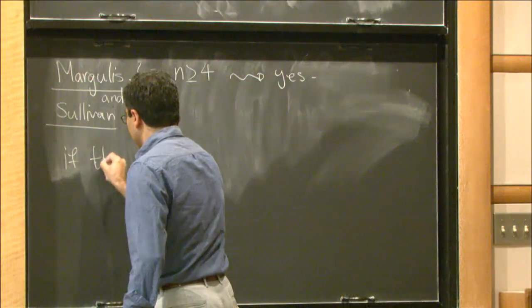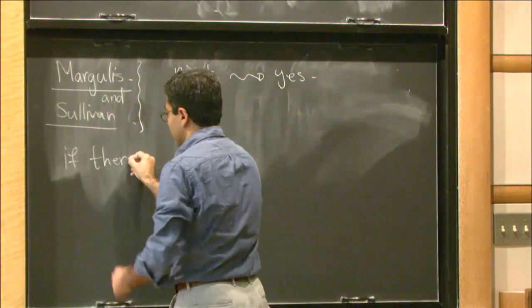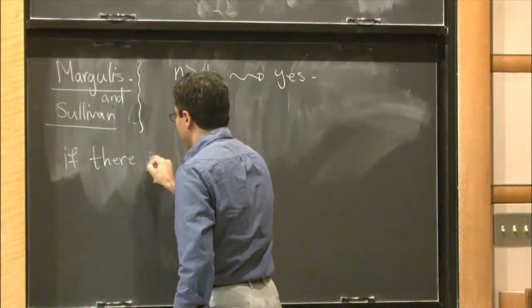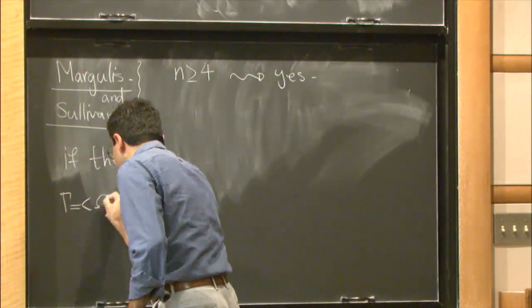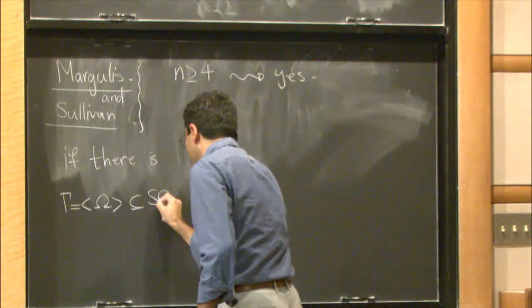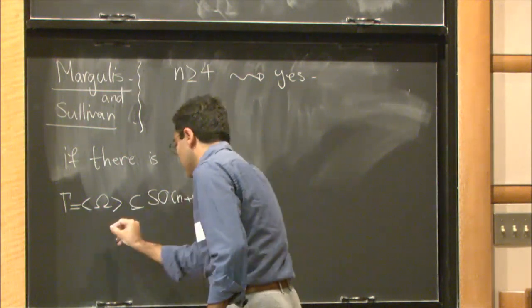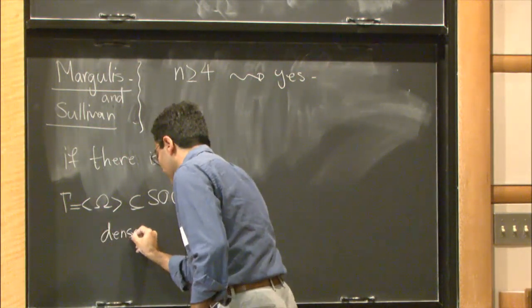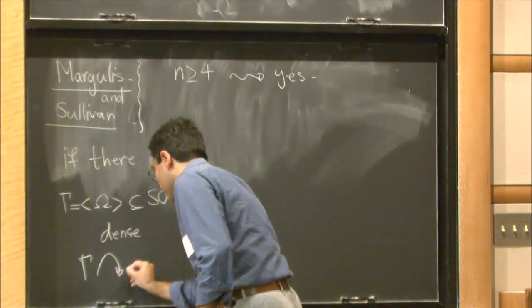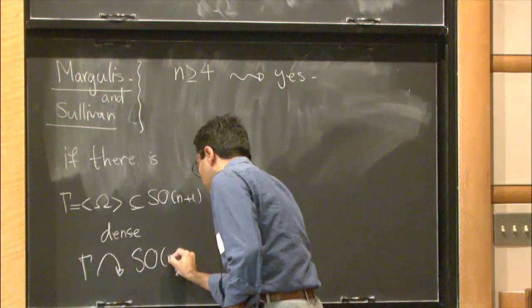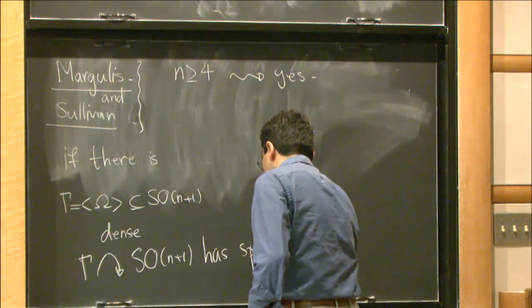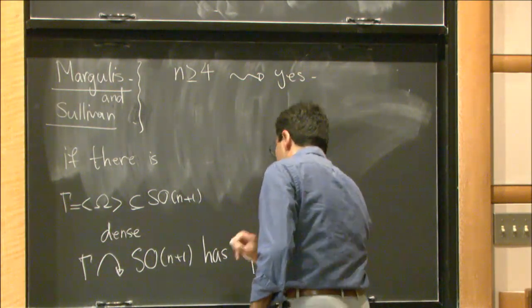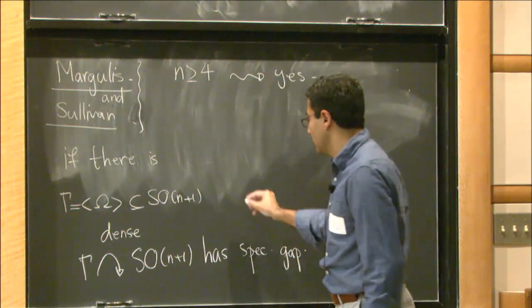So it was known before this that if there is a gamma inside SO(n+1) that is dense, and this action has a spectral gap, then the answer is yes.